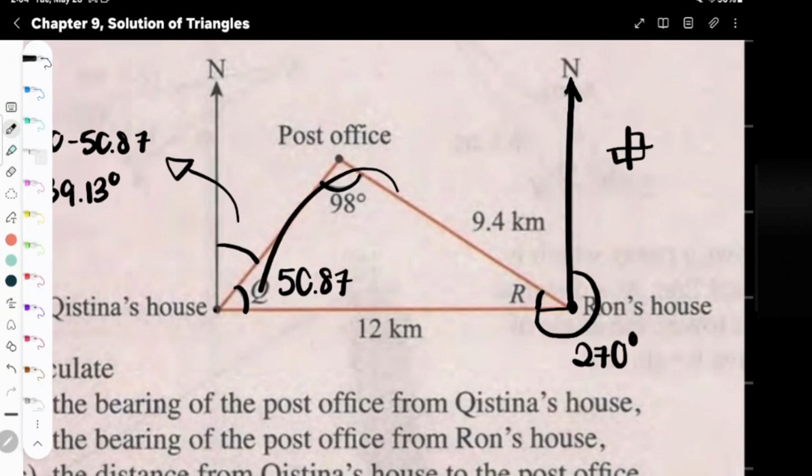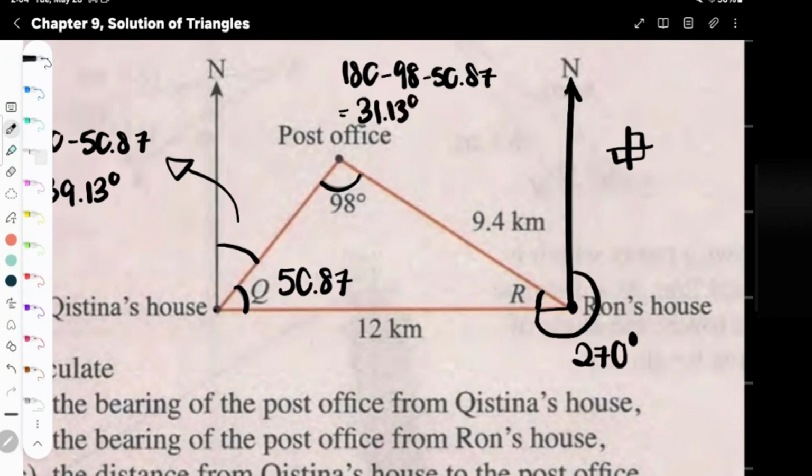You already have two interior angles, so we can just fill in the R here with 180 minus 98 minus 50.87. We can use that formula, the most simple formula. Don't forget that. Think from the basics. If you cannot do anything, think more. So it will be 31.13 degree.